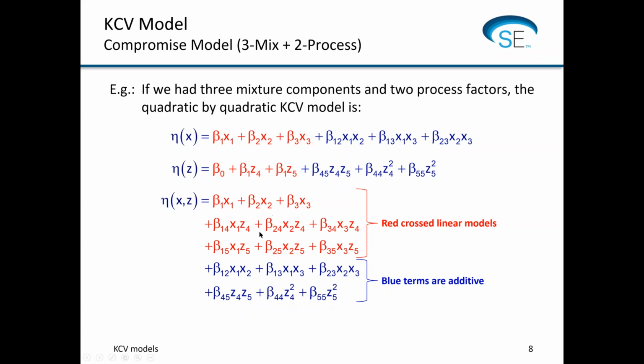This times Z5 gives us the correction to the average blending properties for the level of the second process factor. Then we add in the higher order terms for the mixture, and we add in the higher order terms for the process, and that gives us the KCV model. Cross the linear terms, add in all higher order terms.